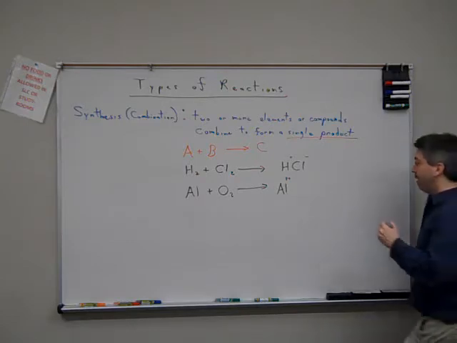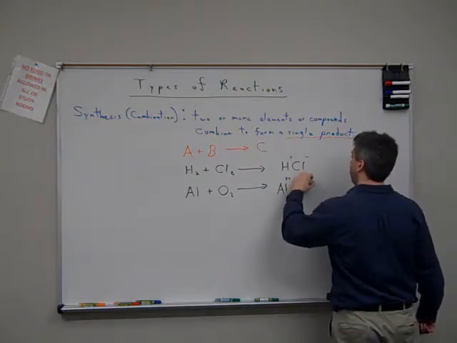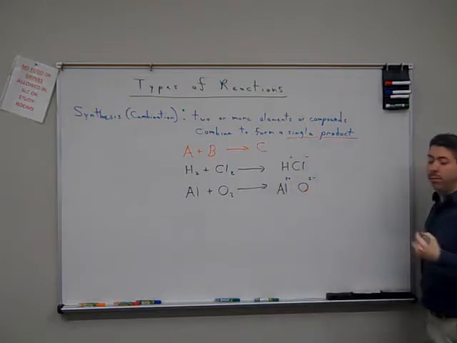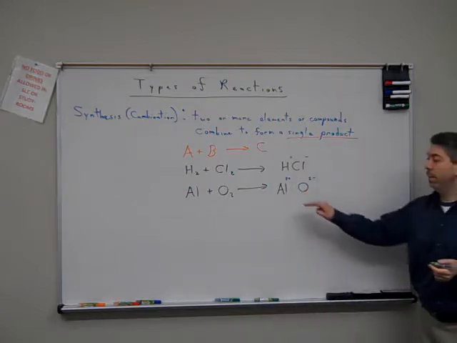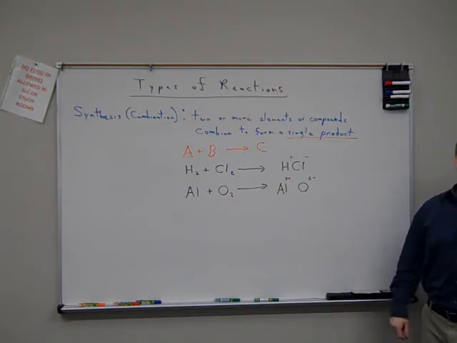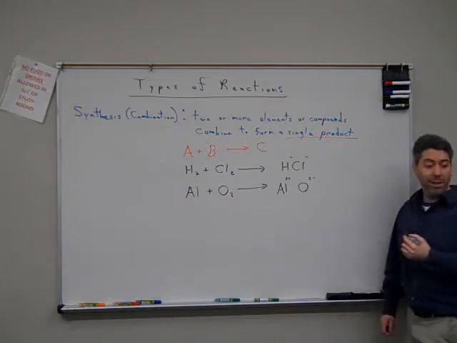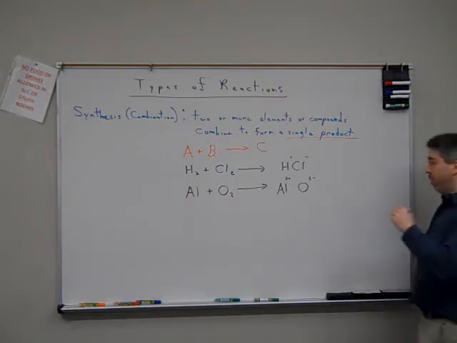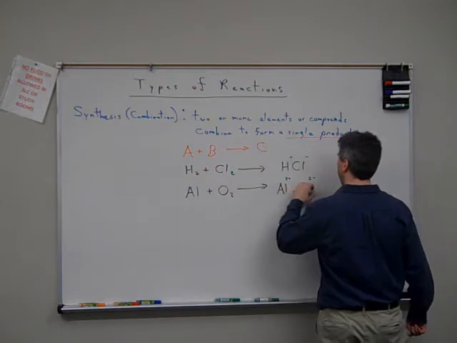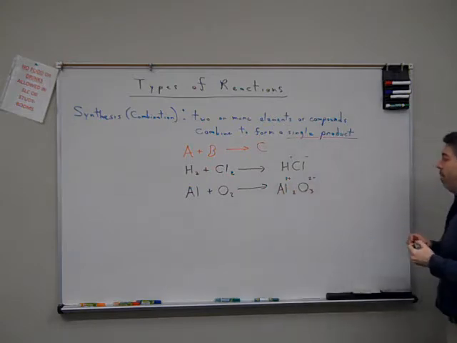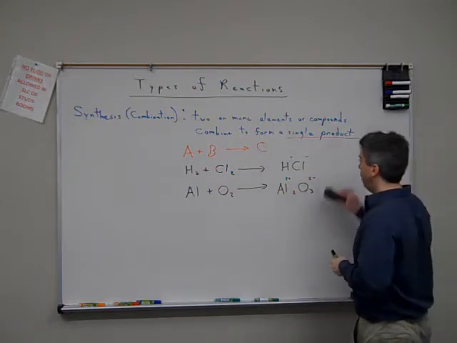-2. So if oxygen's a 2- and aluminum's a 3+, what's the formula for the aluminum oxide product? Al2O3. Because the lowest common multiple of 3 and 2 is 6.